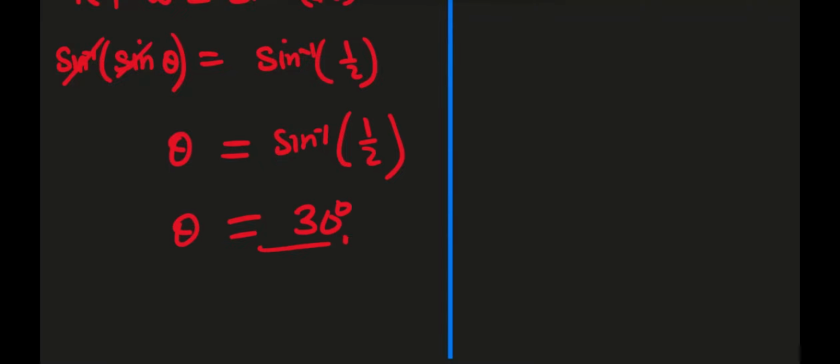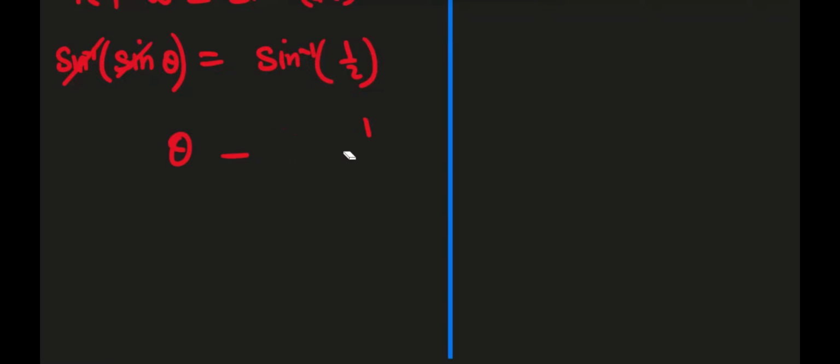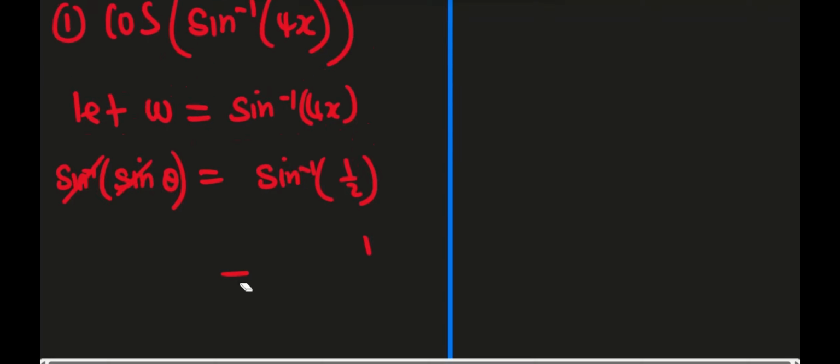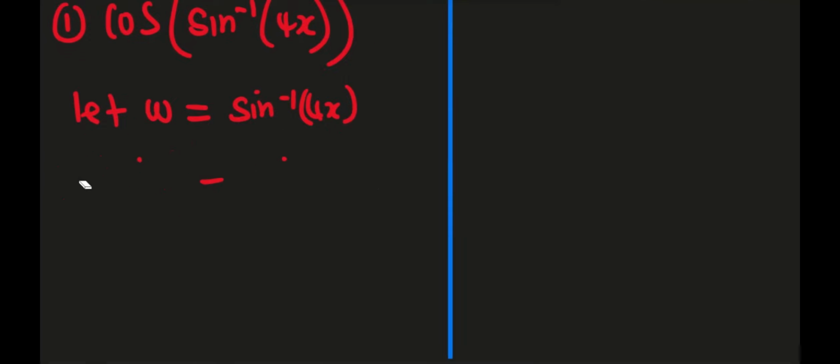Sine and sine inverse cancel out, and then theta is equal to sine inverse 1/2, which gives you 30 degrees. Therefore, this is the relationship we'll be using to solve this problem.